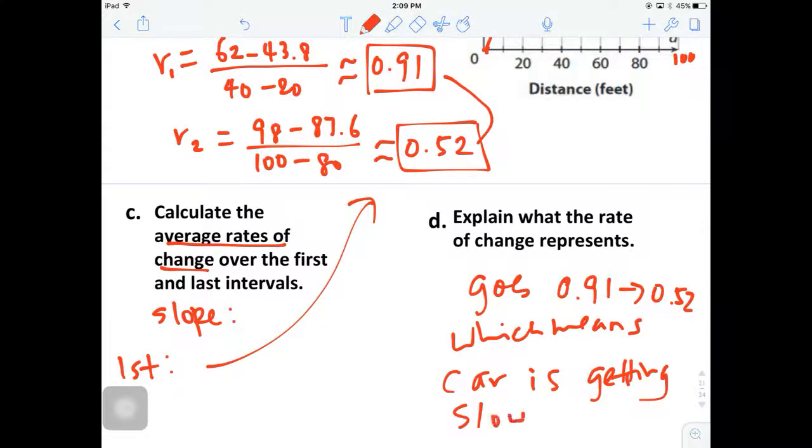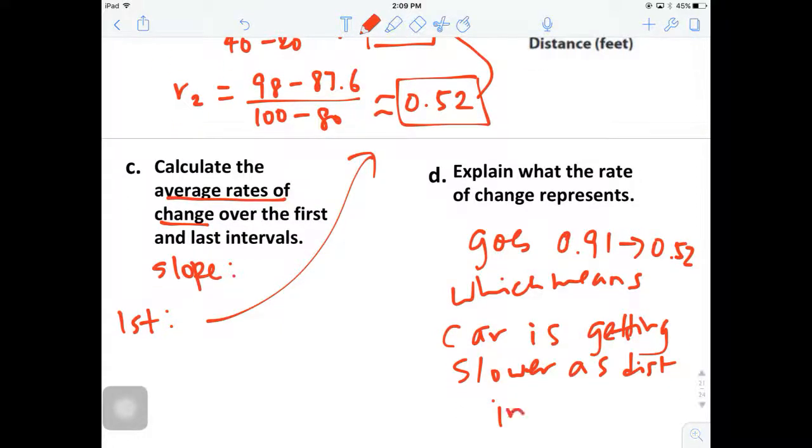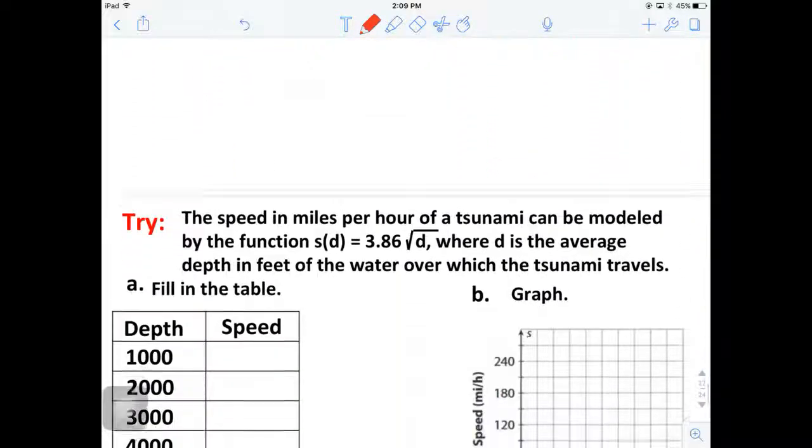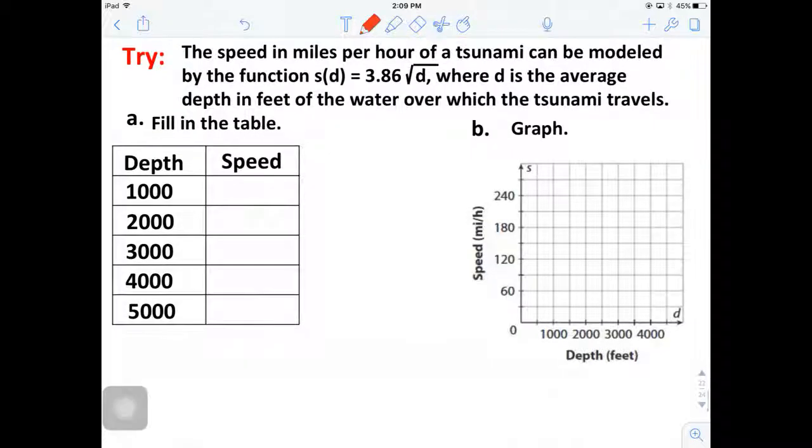Slower, as the distance increases. So the car is slowing down as you're traveling more. Just like a person, the farther you run, the slower your speed would be. Kind of the same idea. So hopefully you get the idea of how to work with a square root function in a real world situation.